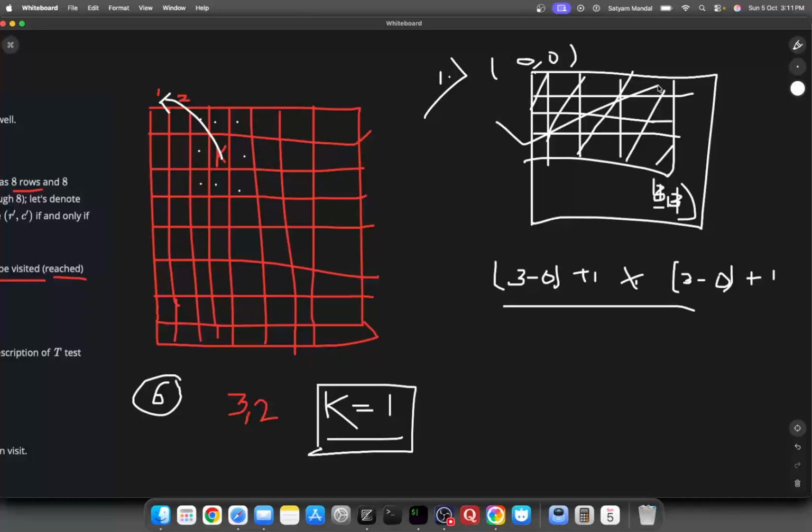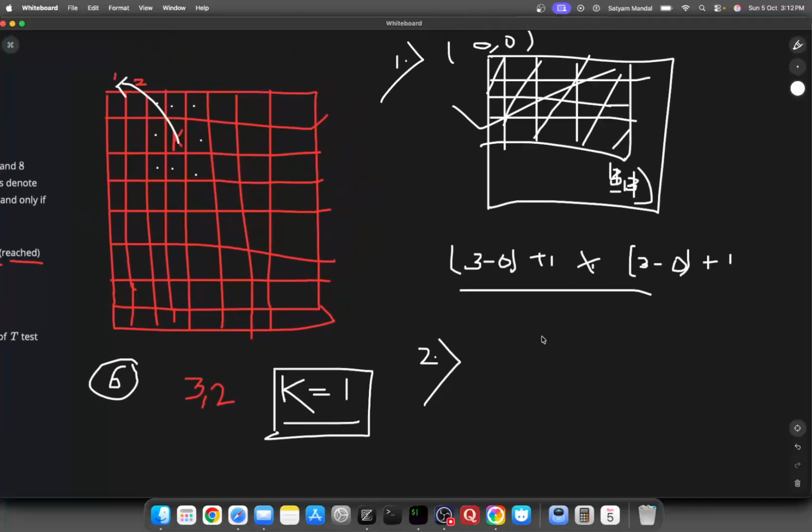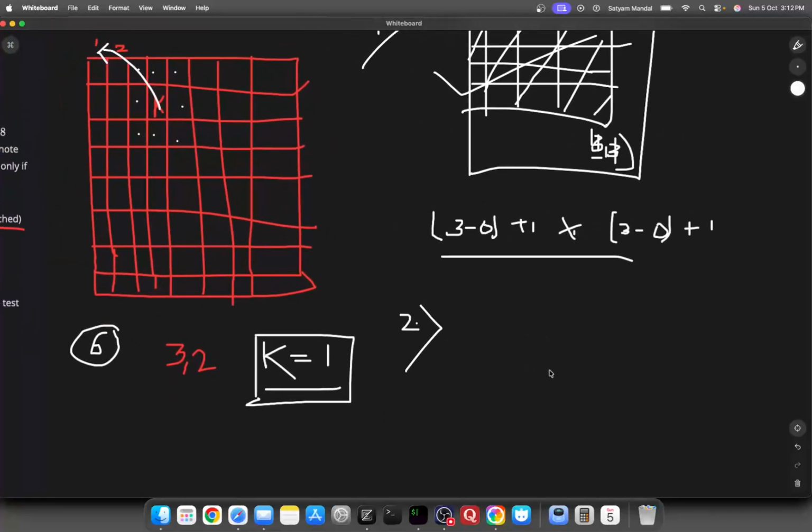This one I implemented. There's one more way I didn't implement, but there's a possibility to solve the same problem using a graph. So simply you have to do one thing. Let's suppose our K is 3, and our king is placed at 2 comma 3.